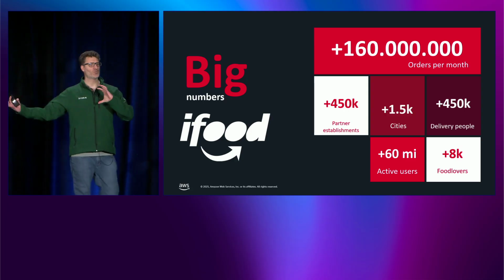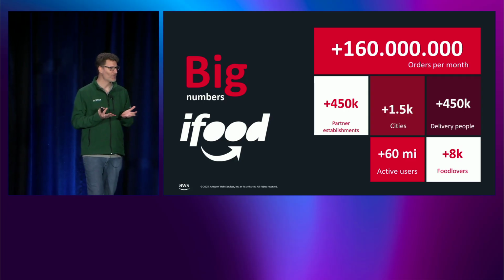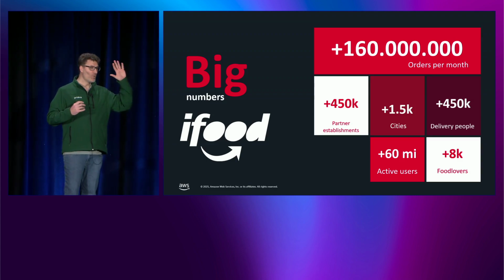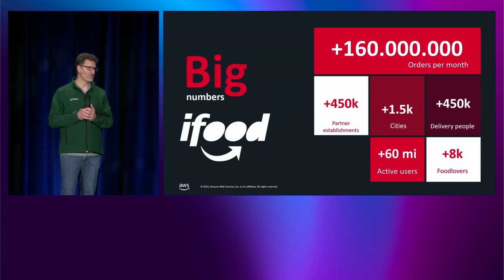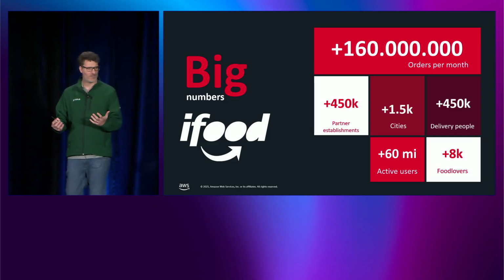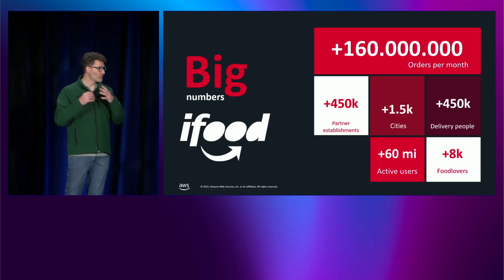And to connect to the applications that we'll show you, this is the message that I want you to record from this slide. We have thousands of different services running. When I say different services, they are microservices, software that is running and supporting all these numbers.